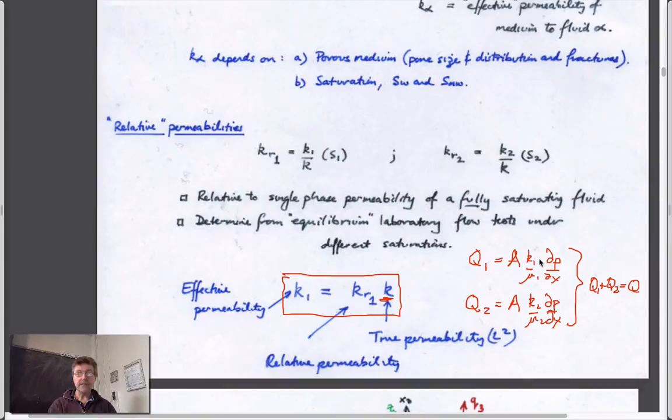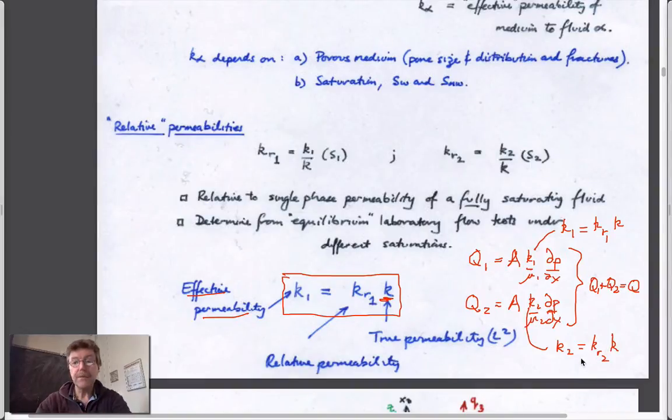And so always we can get this magnitude here, that this effective permeability is going to be equal to a relative permeability and the actual permeability to a single fluid. Likewise, this K2, the effective permeability to fluid 2, is always going to be a relative permeability, I guess I should put a 1 there and a 2 there, multiplied by the actual permeability to any single fluid.